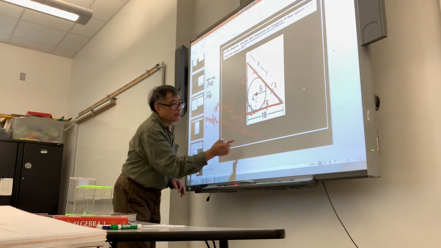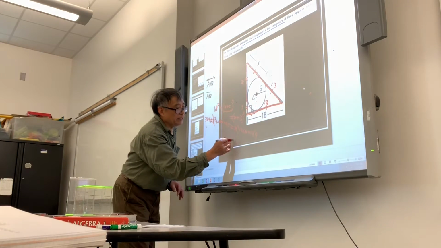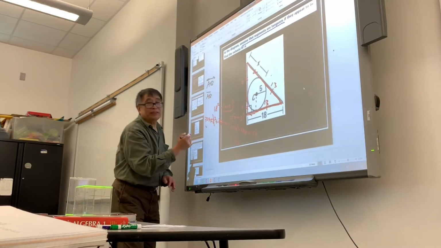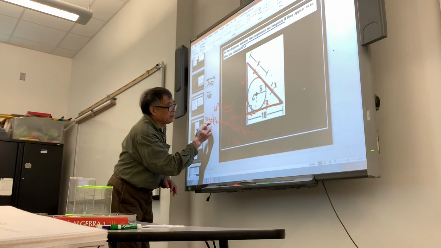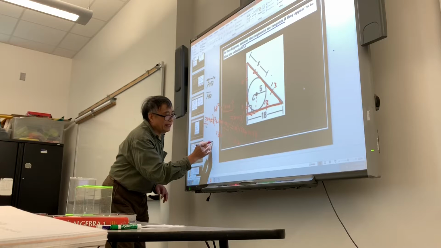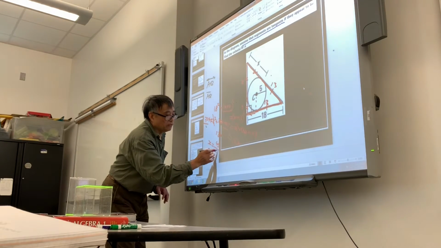X squared cancel. You move here 16x, 169 move there. This is 349. You get 180. So x equals, divide by 4, 45 over 4.